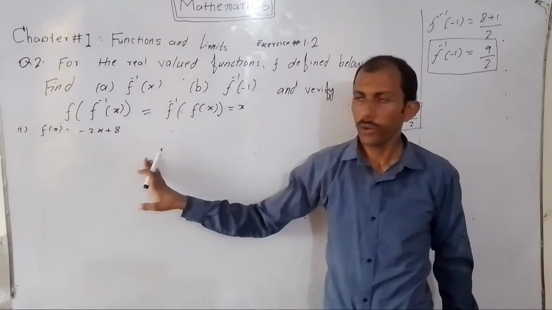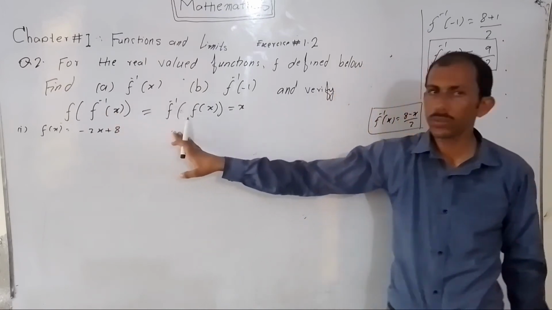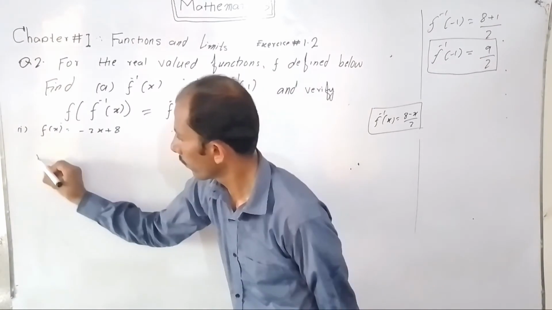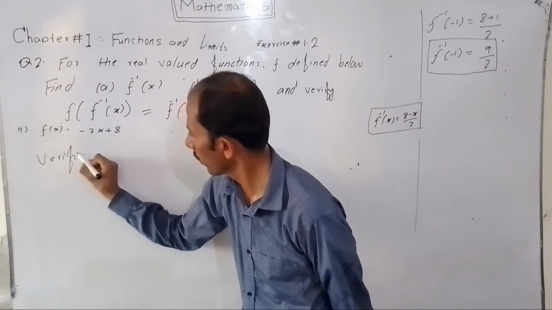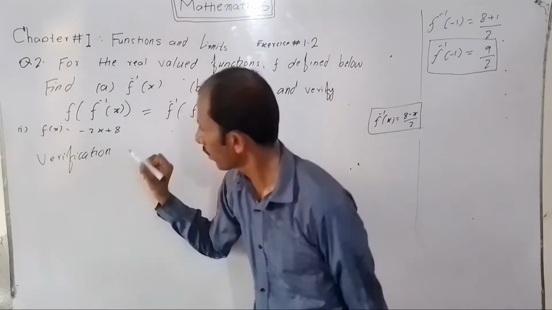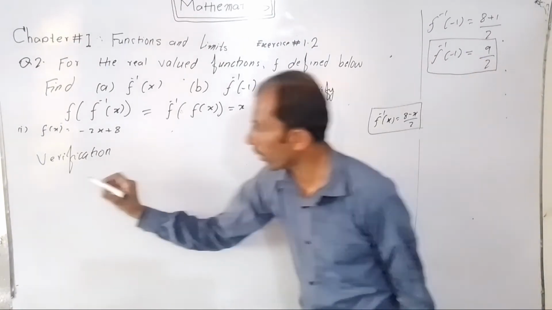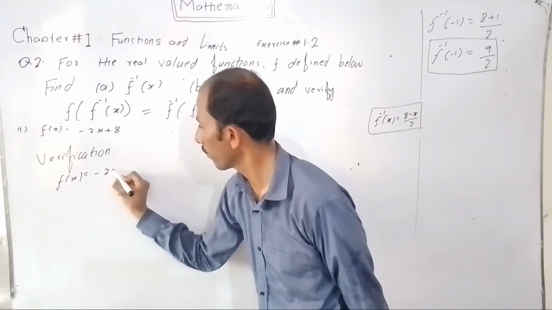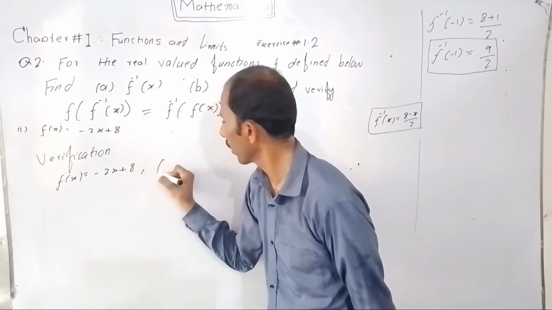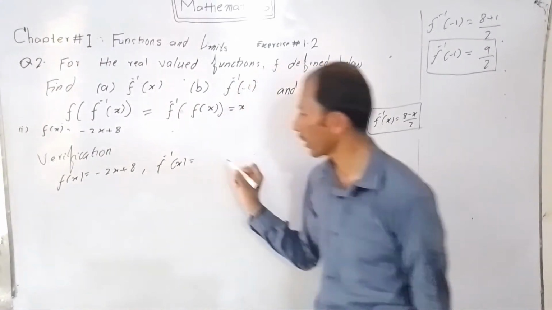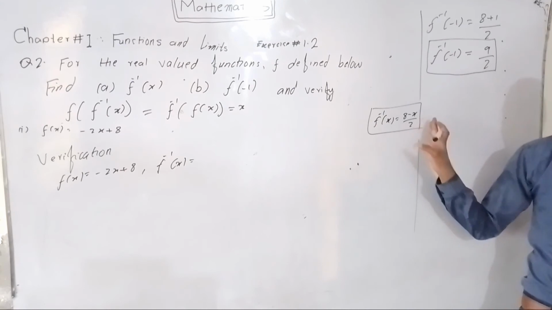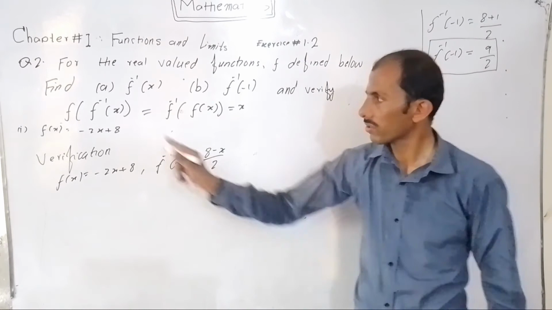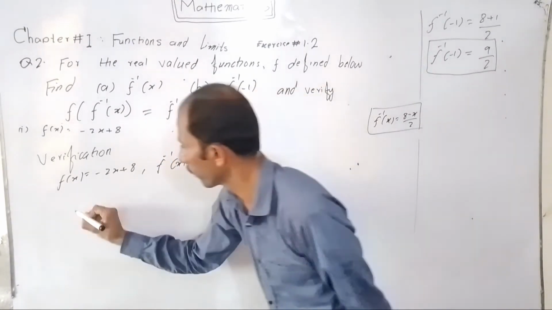Next, verification: f into f inverse of x is equal to f inverse into f of x is equal to x. So f of x is given, minus 2x plus 8. f inverse of x is equal to 8 minus x divided by 2. First, f into f inverse of x.